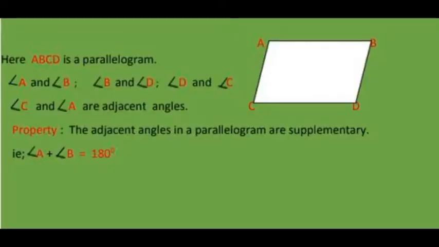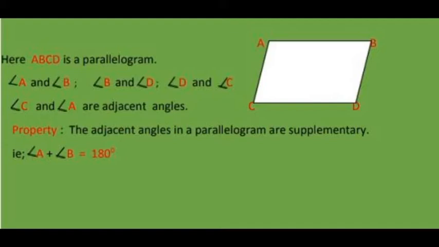Next property. Here ABCD is a parallelogram. Angle A and angle B, angle B and angle D, angle D and angle C, and angle C and angle A are adjacent angles. The property states that the adjacent angles in a parallelogram are supplementary.